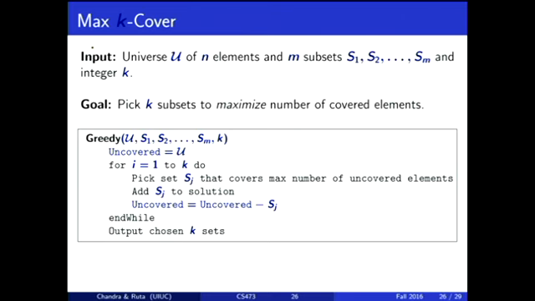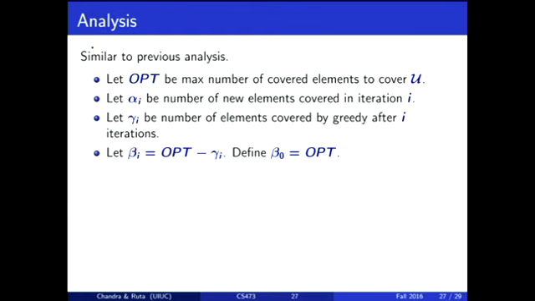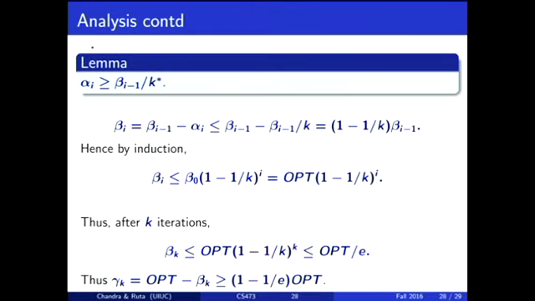The analysis is very similar to the greedy analysis for set cover. I'm not going to do the analysis because it is very similar and it's useful for you to read it, but I just want to state that the analysis looks exactly the same. What you can show is that at the end of the algorithm, the number of elements that you have not covered from optimum, that is, opt minus what you covered, is less than opt times (1 minus 1 over k) to the k, which is less than opt over e.